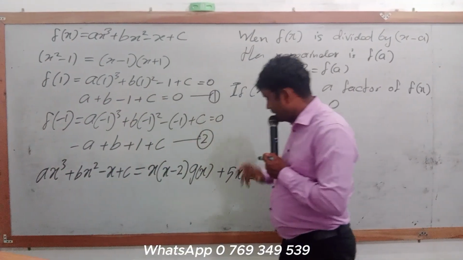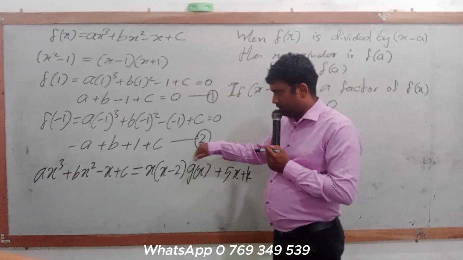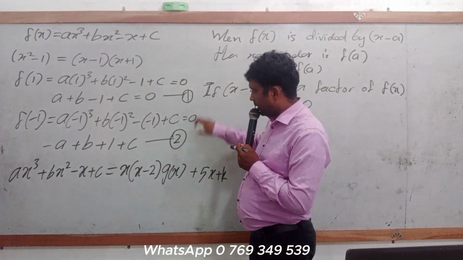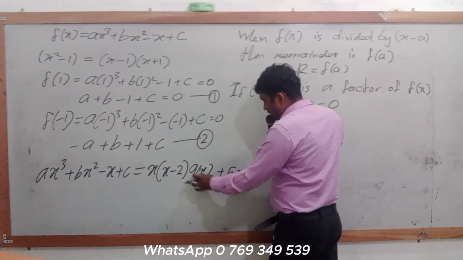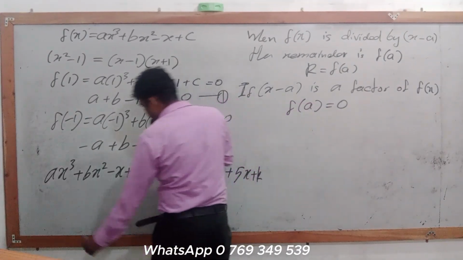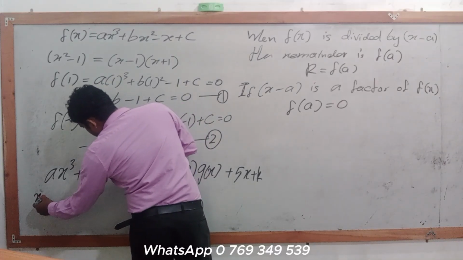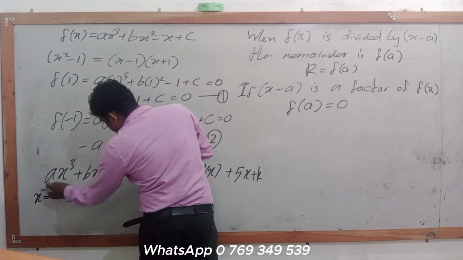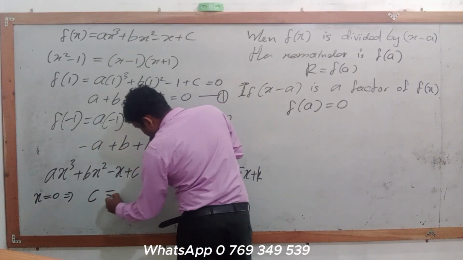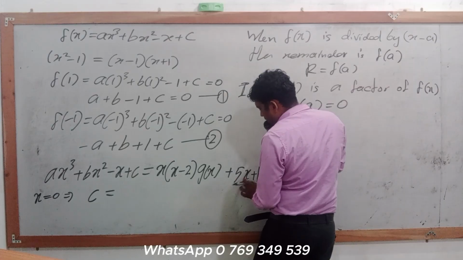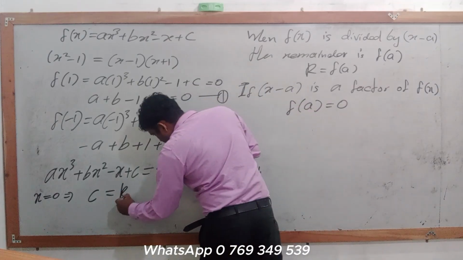Okay, now we are going to find these things. Another equation: when x equals 0, the terms with x are 0, and only k remains, so c equals k.